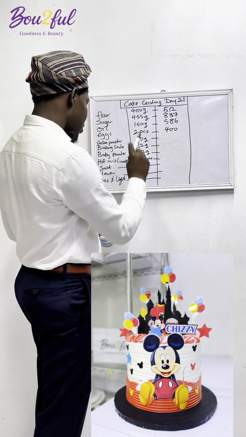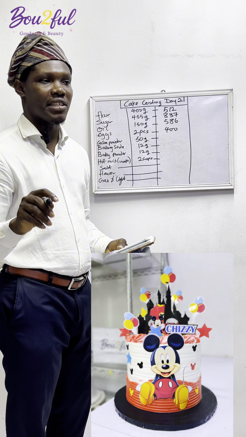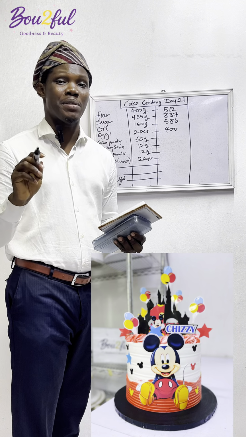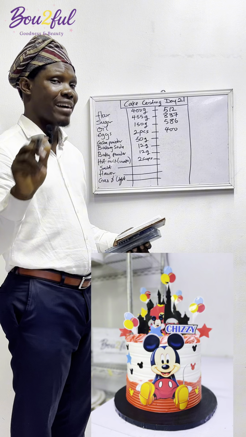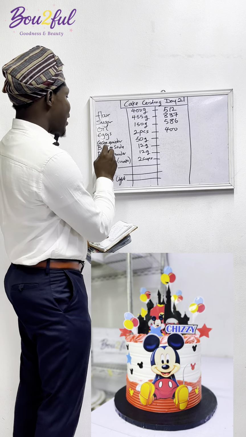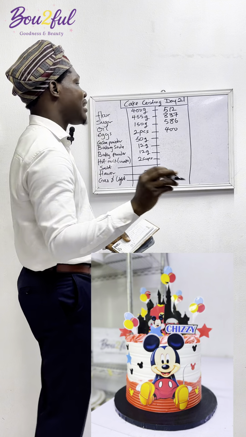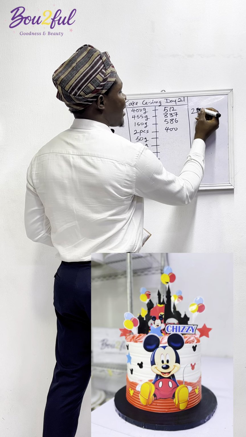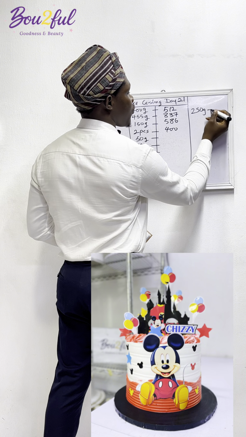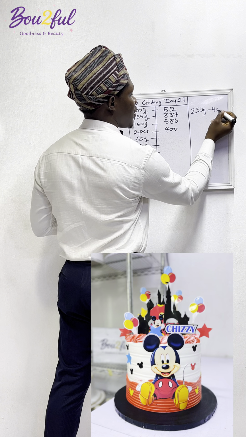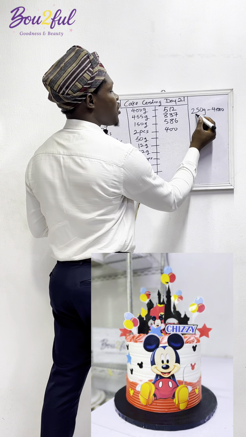Now baking powder is a new one in this list, so we've not established baking powder. And cocoa powder, we've not established it either. So 250 gram of cocoa powder goes for 4,000 naira. So how much is 1 gram?